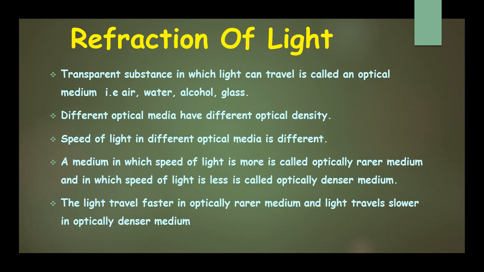Then again we compare the water and the glass. Here water will be treated as rarer medium and glass will be treated as denser medium. Hence we can say that light can travel faster in optically rarer medium and slower in optically denser medium. Now see with the help of an example.